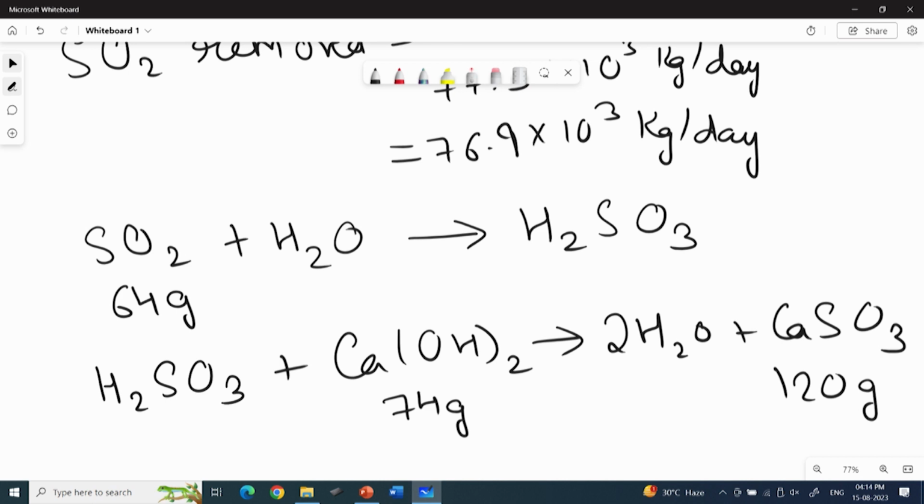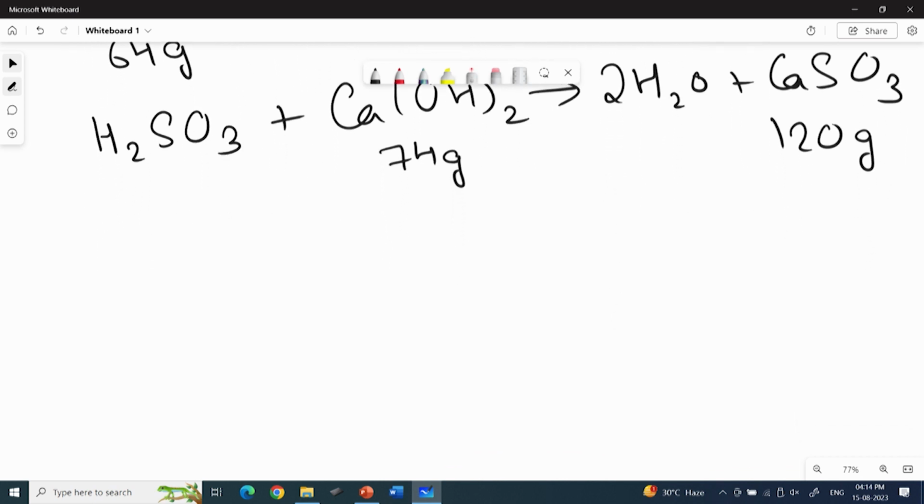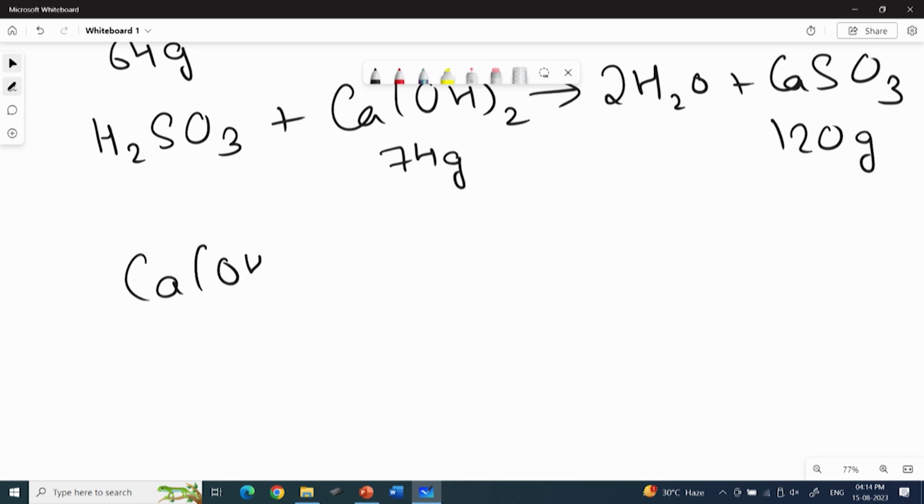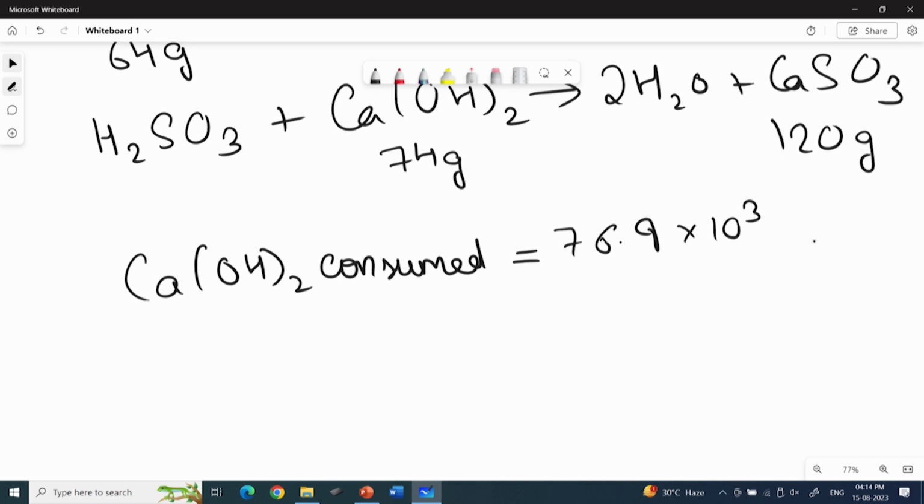So, if I would have to estimate the amount of calcium hydroxide that is consumed, this would be equal to 76.9 into 10 to the power 3 into 74 divided by 64.